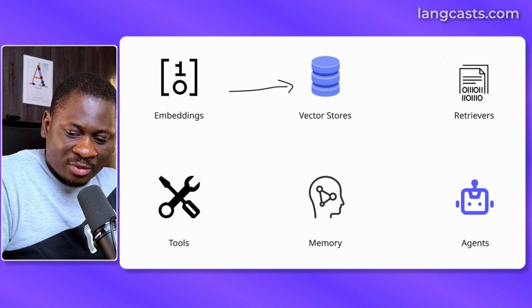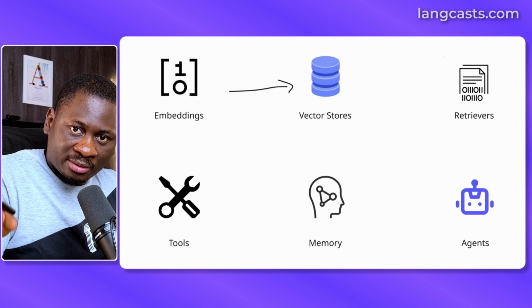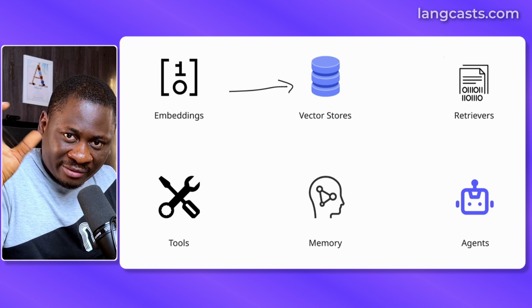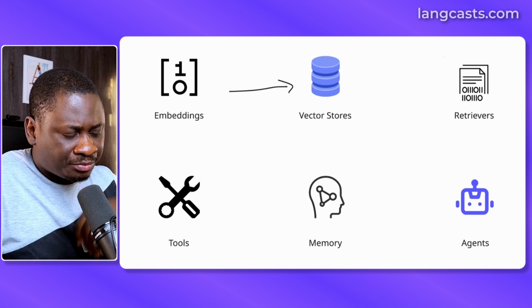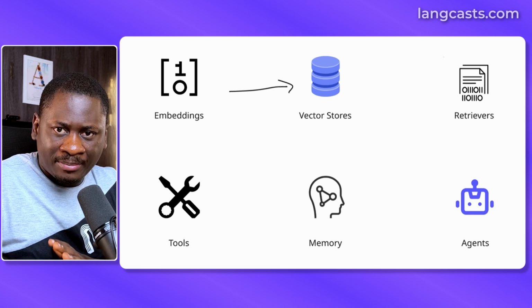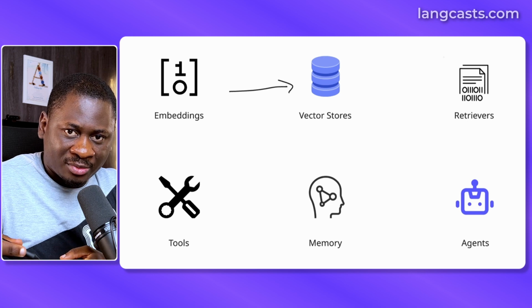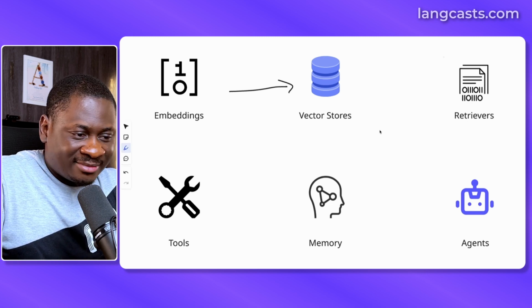So if you tell it, write me a story about love, the vector database can be queried with the word love, and it will gather all the vectors that are related to love and retrieve them for context for your prompt. So vector stores are basically where vectors are stored, which are numerical representations of real world data stored semantically.